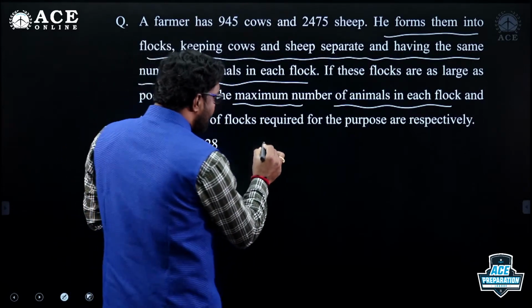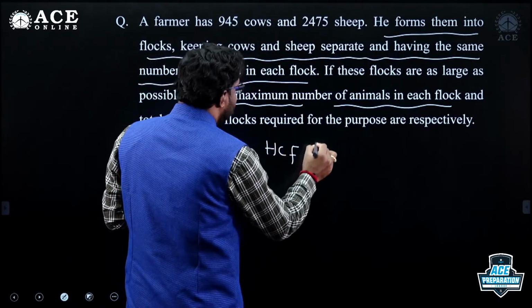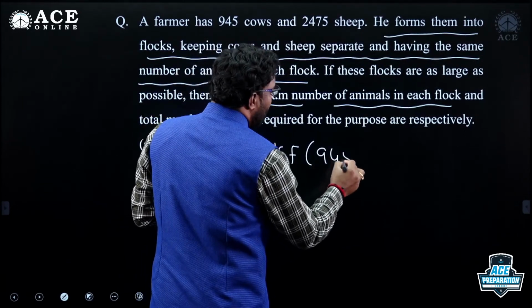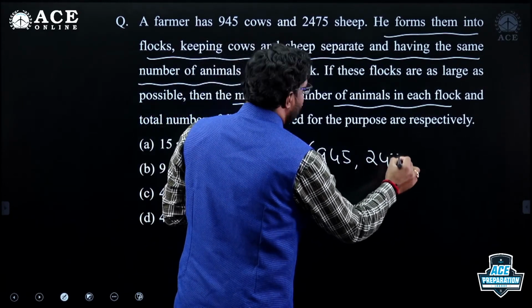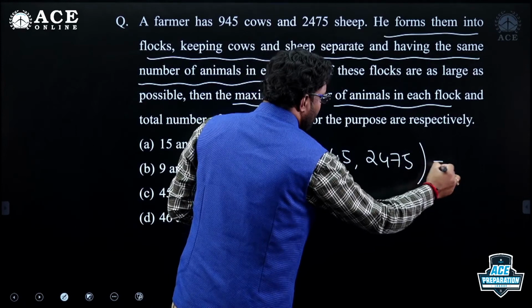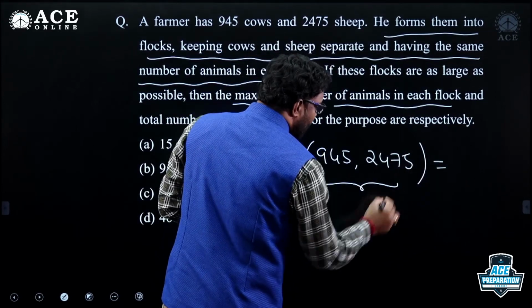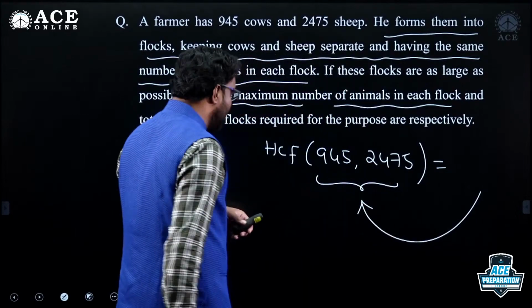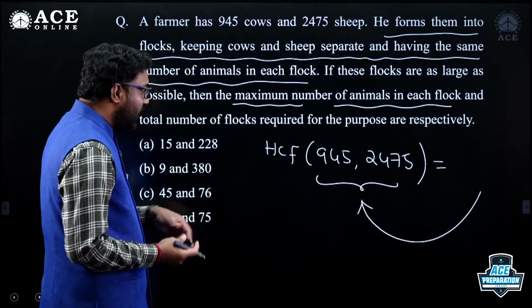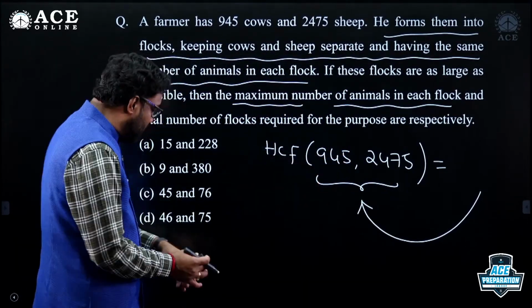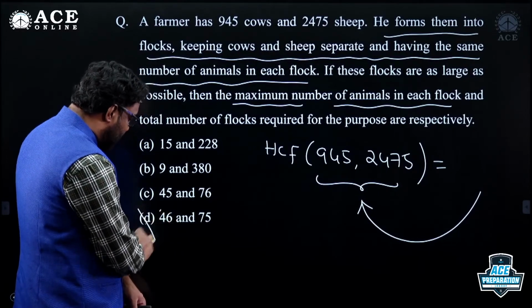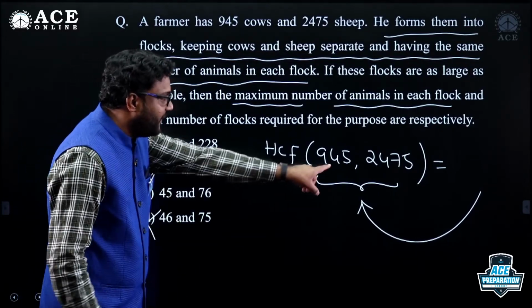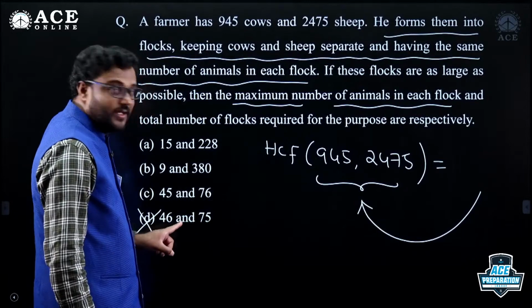You just see, my dear friends, if you apply HCF here, 945 and 2475. This should be divided by your option. 945 should be divided by your option. Now see, 945 is an odd number. Dividing by an even number, 46, is not correct.